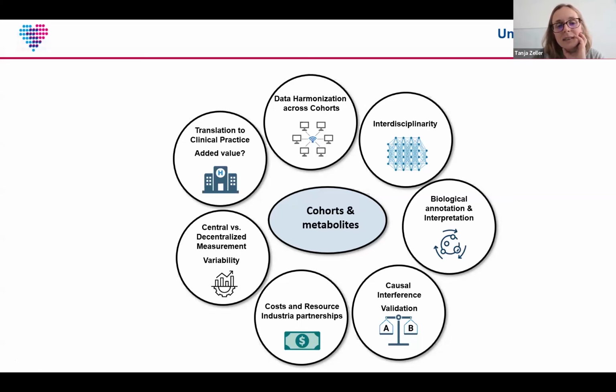But in the end, I think this central measurement is way better because you have it in one hand, and if mistakes are made, it's always in one laboratory and not at different places. And in the end, I showed you the different approaches we took, and we have some results, but how do we now translate it into clinical practice? What is the added value of these biomarkers? This is something that still needs to be established.